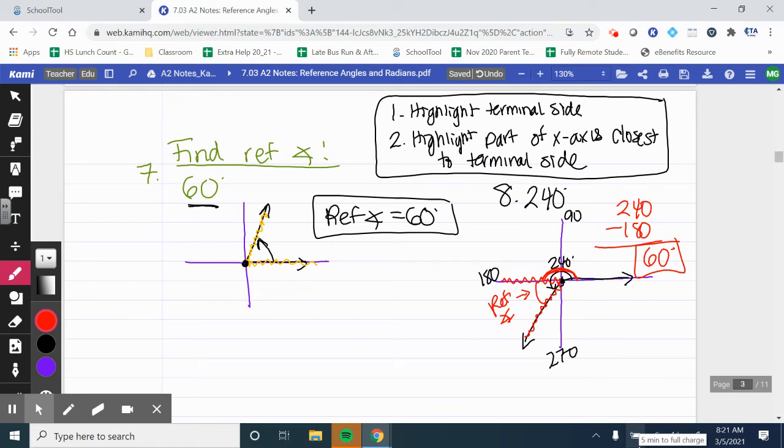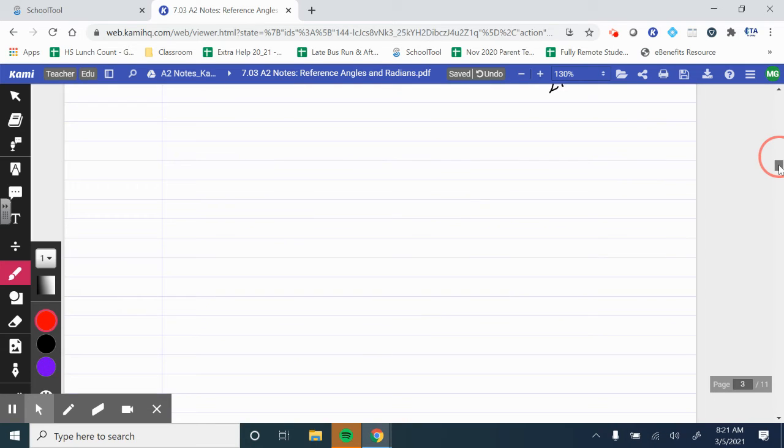All right, let's try another one. This is number 9. So 120 degrees. Pause the video, see if you can do this one on your own. Okay, so first you should have started by graphing your angle. So 120 is going to be in quadrant 2.